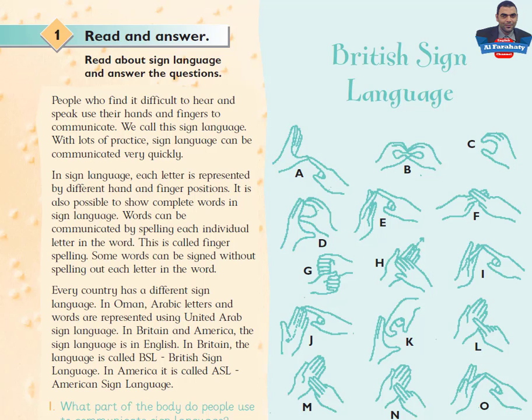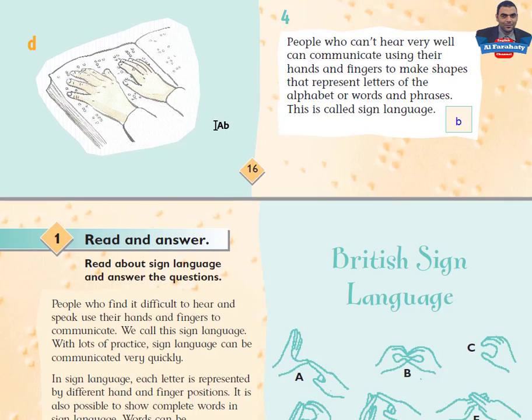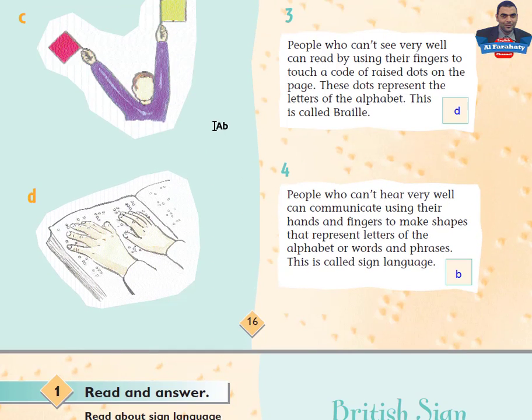All these instructions help you learn the sign language. Activity 1. Read and answer British Sign Language. Read about sign language and answer the questions. Before we start, let me remind you with the text that you studied last time about sign language.